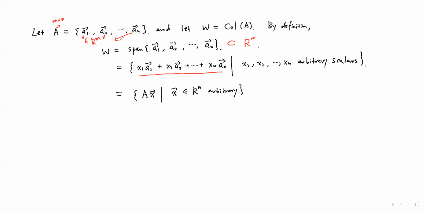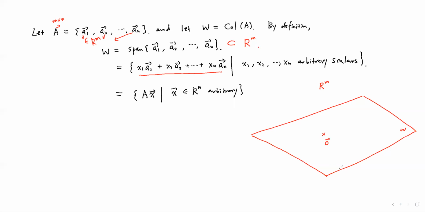Let A be this and W be the column space of A. Now let me plot the graph of W. Say W is in Rm. The graph of W, I use a plane to represent W. This is W. The origin is here.